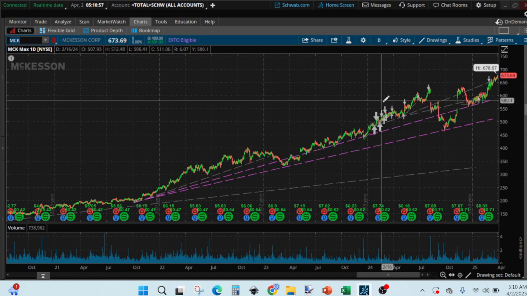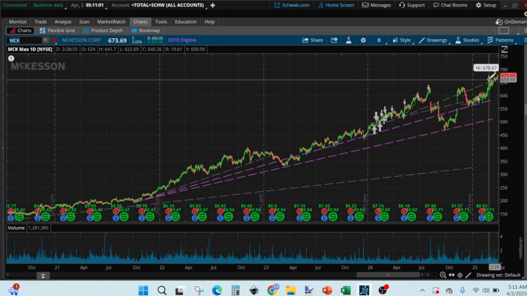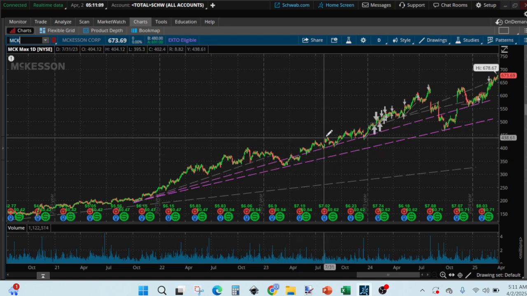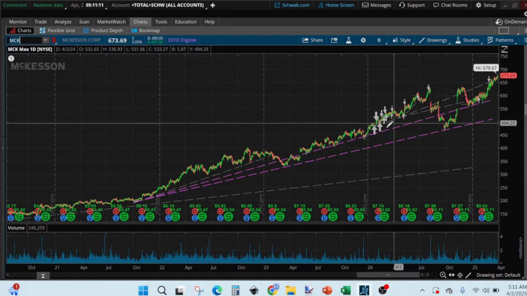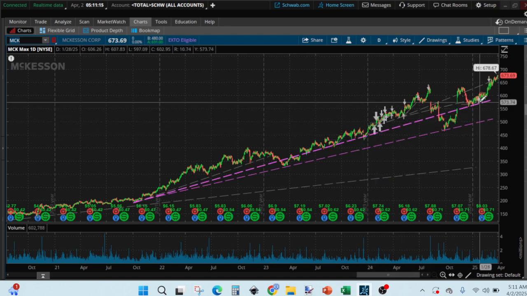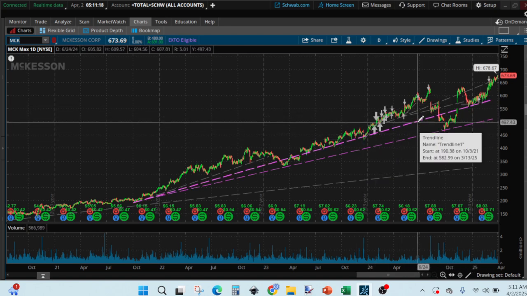So for that one, we purchased it on this trend line here and we sold it there. But again, it continued to go up. And when it reached this line, it tends to go up for a while, but then tends to pull back to this line as well, this secondary line, which maybe is like the upside wall of the mountain.